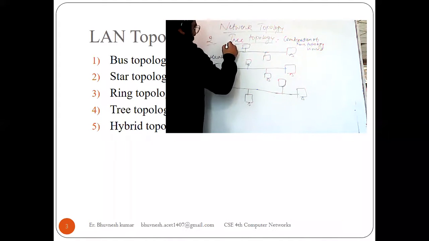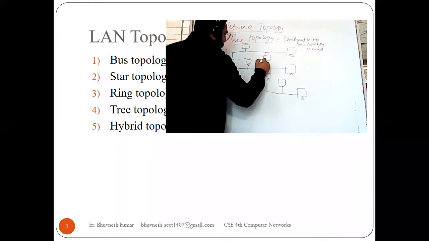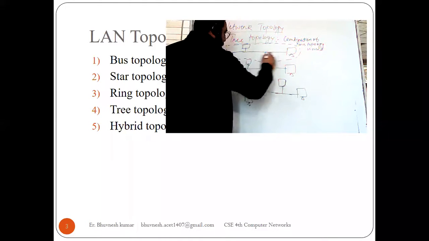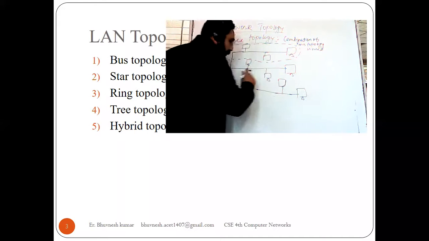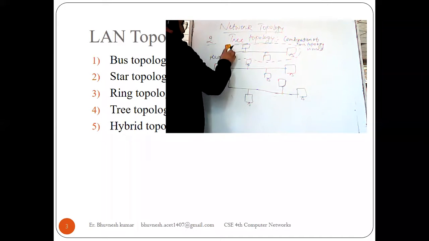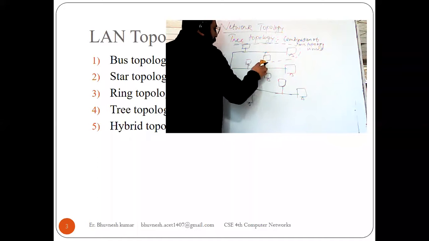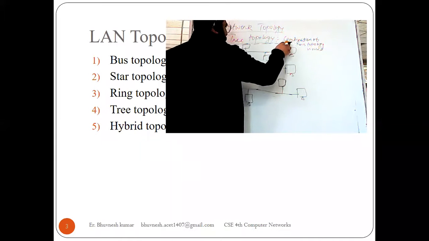If you see, this portion up to here is your bus topology, and further this is also a bus. This is also a bus. So a combination of bus topology is used in your tree topology.